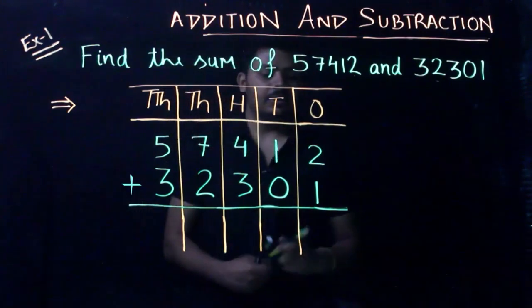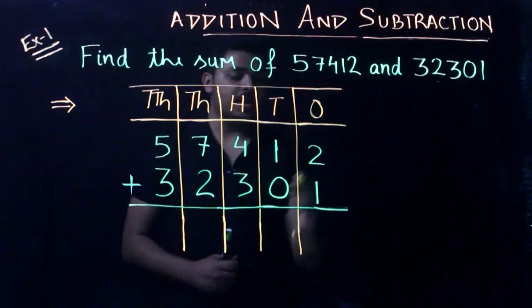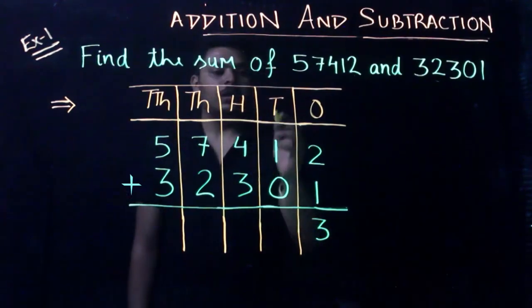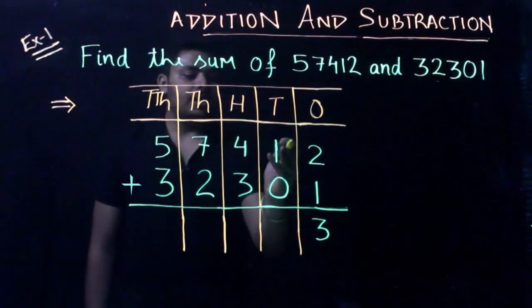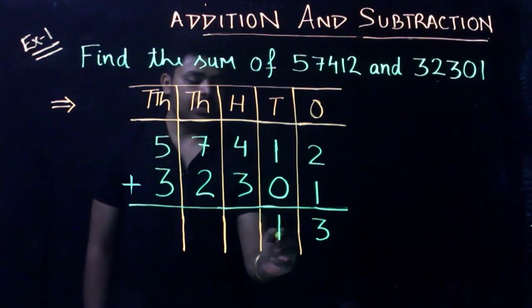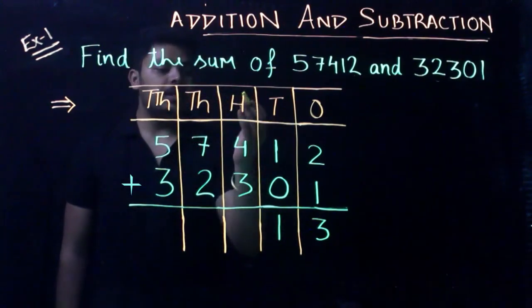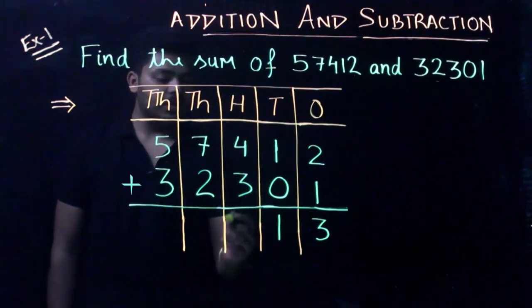So adding 2 plus 1 we get 3, that is there are 3 ones. Similarly in tens, adding 1 plus 0 equals 1, that is 1 ten. Similarly in the hundreds column, 4 and 3 we get 7 hundreds.